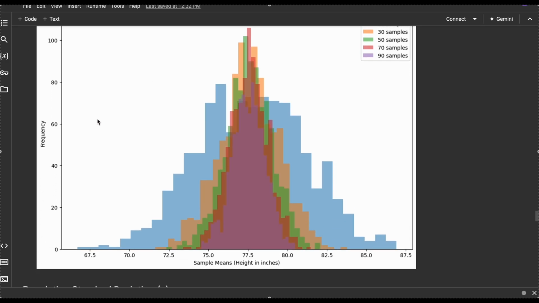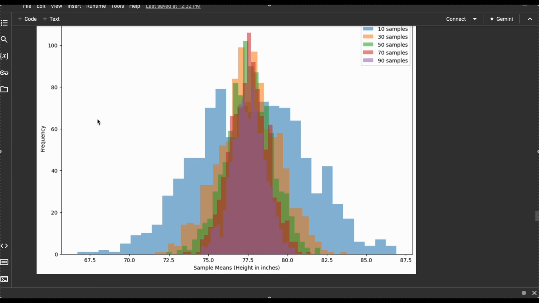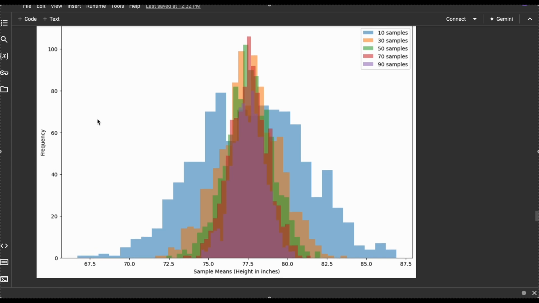In the example shown, the sample size is 10 and the data is widely spread, showing lots of variability. At a sample size of 30, the spread of the sample means decreases, with less variability. At 50, the sample means become less spread out, and at 70 the distribution starts forming a clearer, more bell-shaped curve.